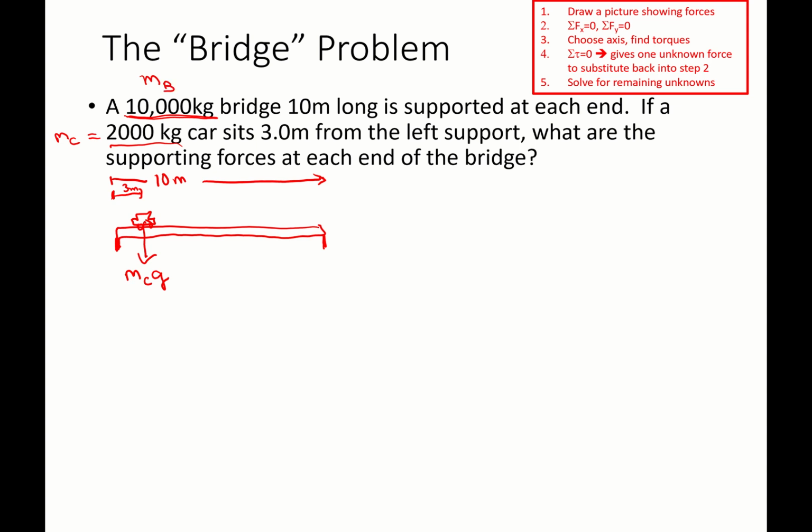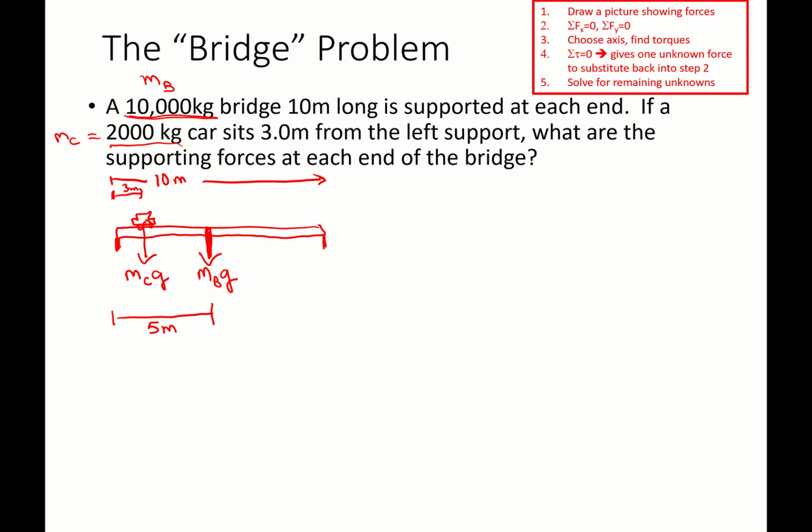And where is that going to act? Well, it's going to act halfway along the bridge, right at the center of the bridge. So I'm going to have a mass of the bridge times G downwards there. It's at the center of the bridge, so that'll be 5 meters along. So obviously I didn't quite draw that to scale, did I?